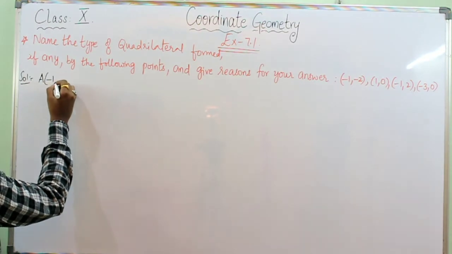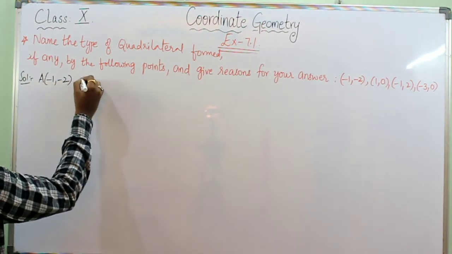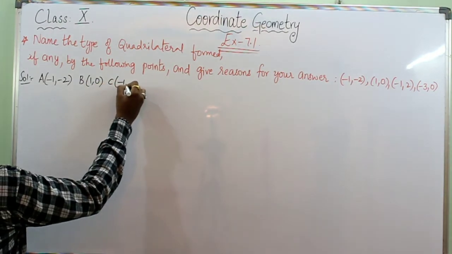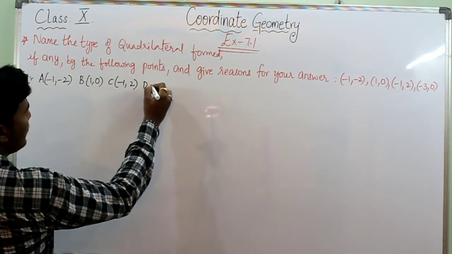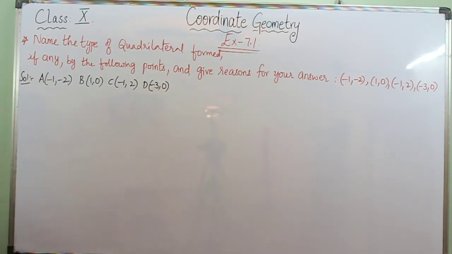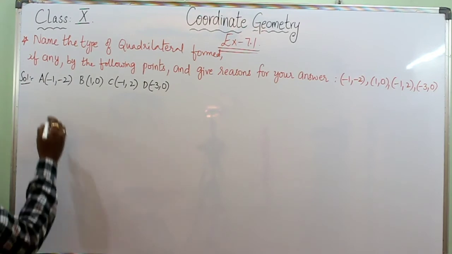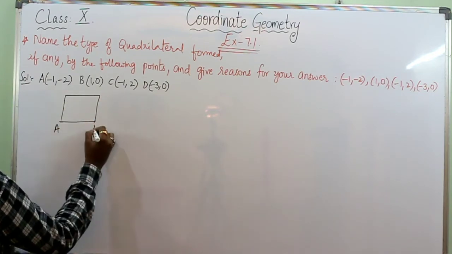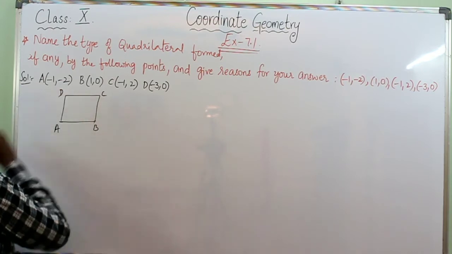That is, A is (-1, -2) and B is (1, 0), C is (-1, 2) and D is (-3, 0). So to find the type of quadrilateral, let us assume that this is a quadrilateral ABCD.